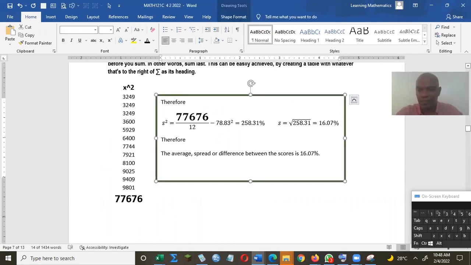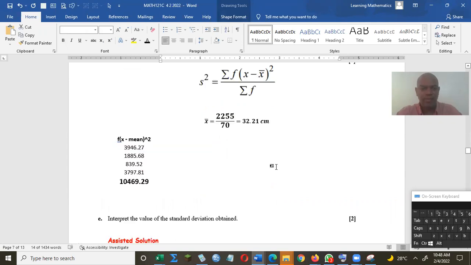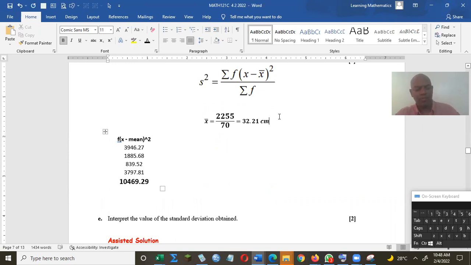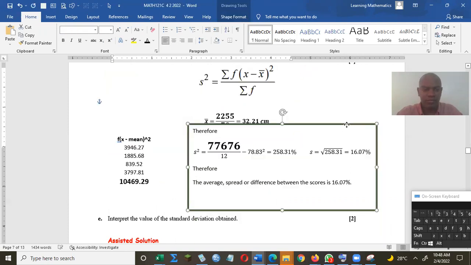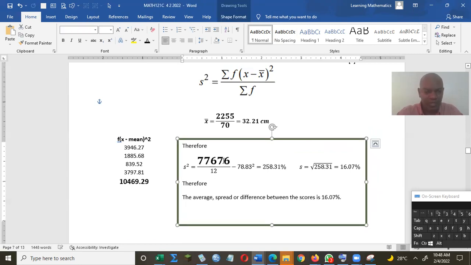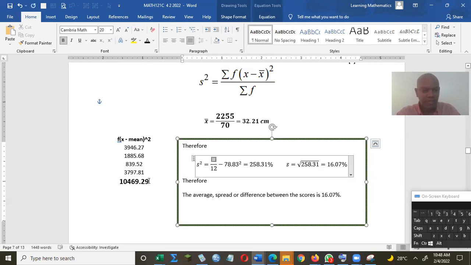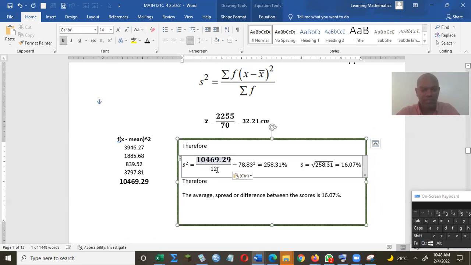Control C. Control V. Sometimes it does not want you to do certain work in certain places. Therefore, S squared is equal to this value there, 10,469.29. Copy this, paste this inside there. The sum of F is already 70.